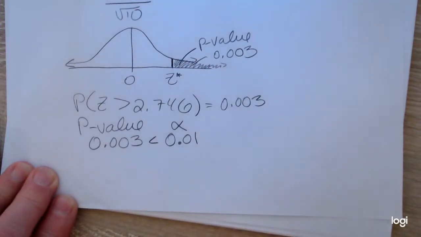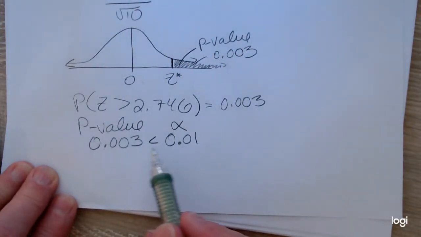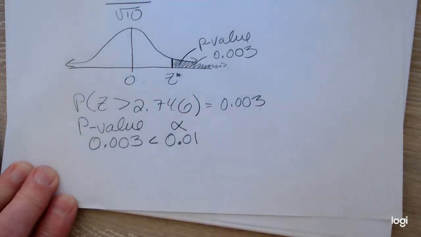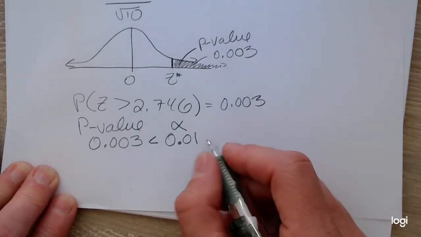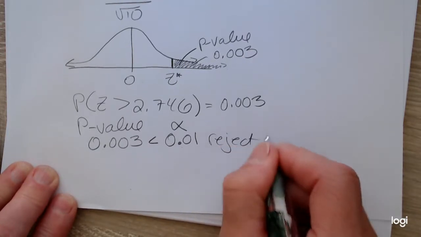Now some textbooks or websites use the case of equality here. If your p-value is less than or equal to alpha, you reject the null. The current textbook I'm using uses p-value less than alpha. We reject the null. The case of equality is a bit arbitrary. Alright, so my decision is to reject the null.